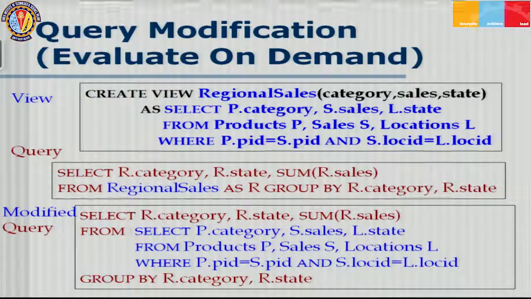Whatever view you define is not actually stored in the database. The result of that view, or the tuples that qualify for that view, are not stored. Say suppose I say select star from students where CGPA is greater than 8. It does not store the qualifying tuples explicitly in the database.